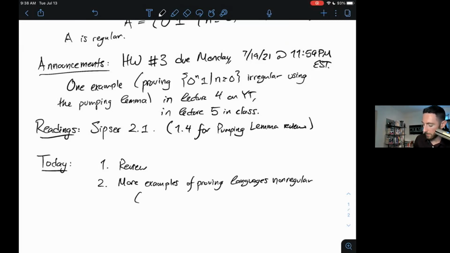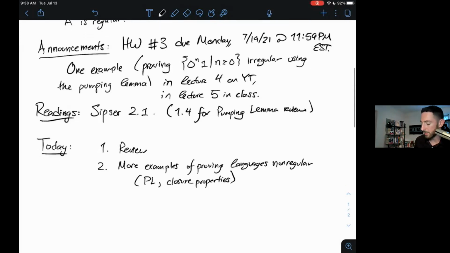So we'll show a couple of examples using the pumping lemma, and we'll also show an example using closure properties, which it turns out you can combine with the tool of the pumping lemma to sometimes make your life easier and prove a language non-regular. So these are closure properties under regular operations, can tell you things about non-regularity of languages as well.